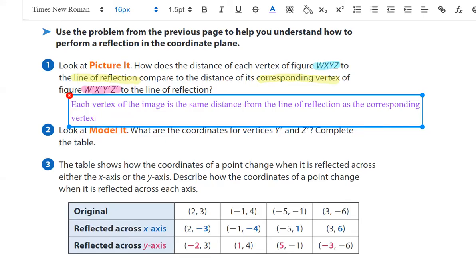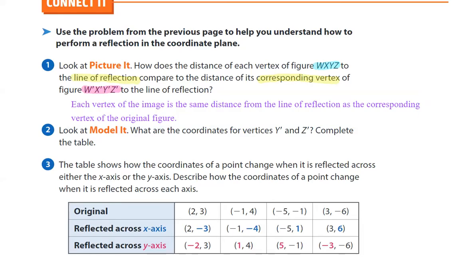And that's just the proper math vocabulary way of saying the points that go together are the same distance from the line of reflection as each other.